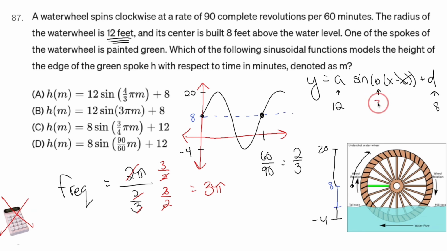So my b is 3 pi. Putting this all together, and using h of m and using m instead of x, I have h of m equals 12 sine 3 pi m, because I don't have a horizontal translation, plus 8.